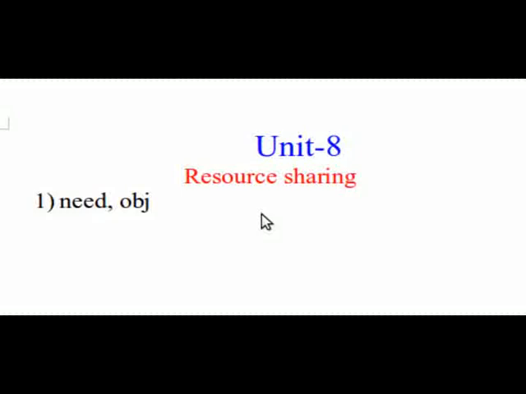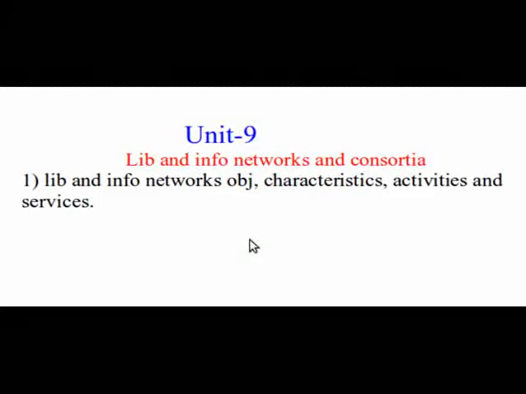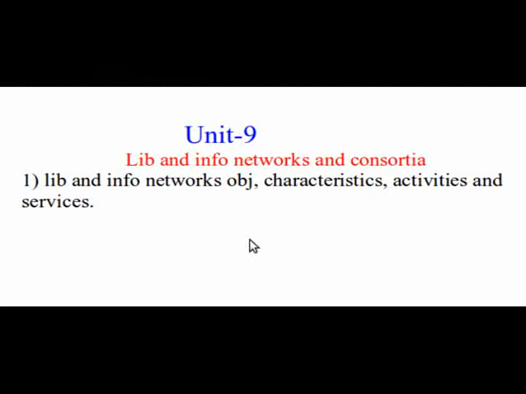There will definitely be one question, maybe on need, objectives, and so on, maybe for 5 marks. In unit 9, library and information networks, their objectives, characteristics, activities and services, and the types of library and information networks are important. Maybe one question will be asked.